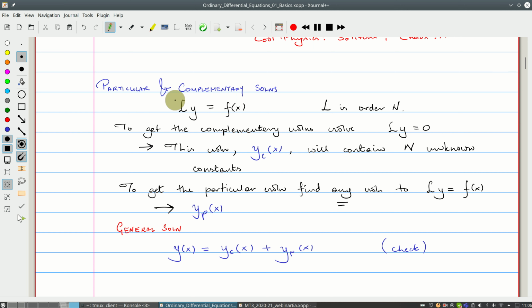If L is an operator operating on y, and this is equal to some f of x, which is sometimes called the source function, and L is of order n, so that's the nth derivative being the highest derivative in this operator, then in order to get the complementary solutions, and these would be solutions in plural, we solve what's called the homogeneous equation. L operates on y, and that gives you 0. So this is the homogeneous equation.